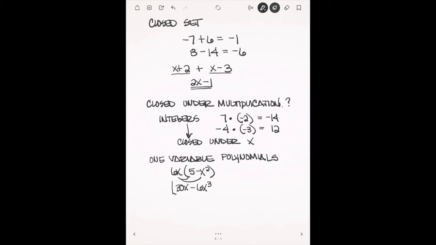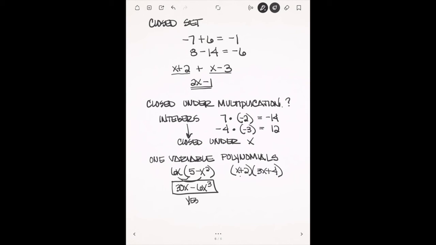Did I get a polynomial answer when I multiplied two polynomials together? The answer is yes. So it looks like one variable polynomials, when multiplied together, are closed under multiplication. Let's try one more. What if you have x plus 2 and you multiply by 3x plus 4?